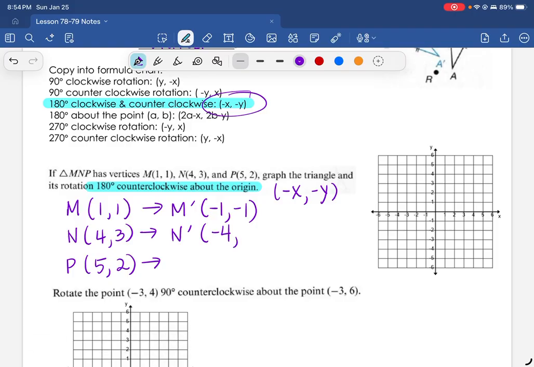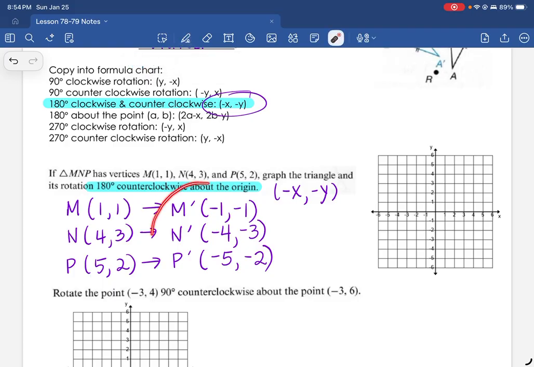They want us to rotate 90 degrees counterclockwise around the point negative 3, 6. So that's their point of rotation. So let's plot that. So there's our negative 3, 6. I want you to notice that they want us to go counterclockwise. This would be clockwise. They want us to go counterclockwise.